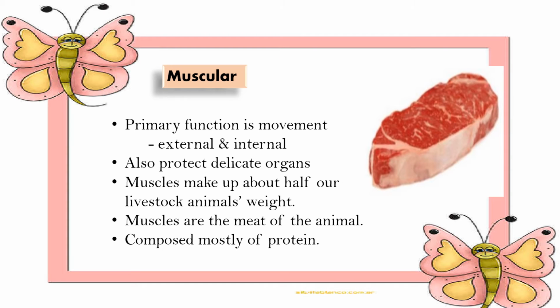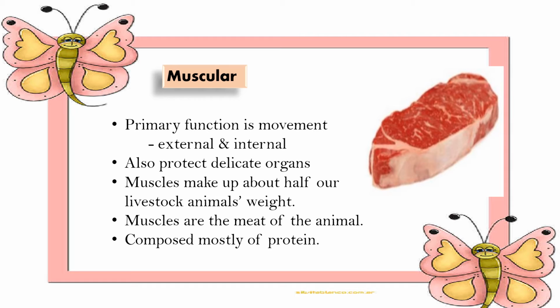Okay. So you have here an example of muscle. Simply the meat of an animal, that is an example of muscle. And we also have our muscle here, our biceps. The primary function is movement. It can be external or internal.